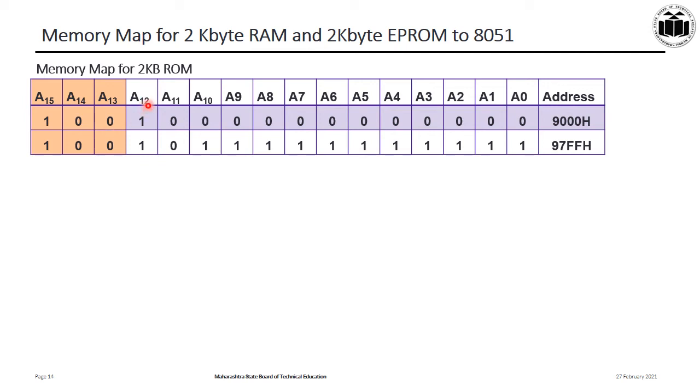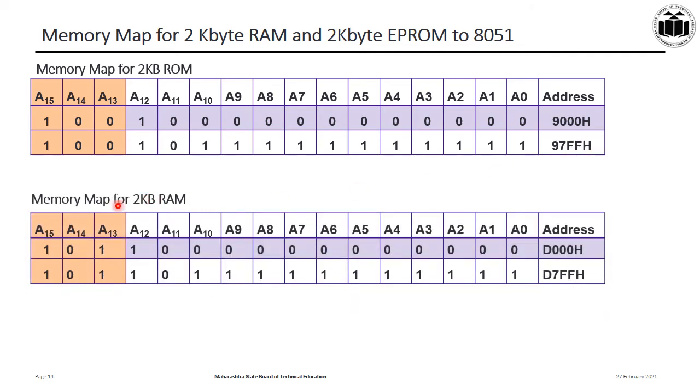A12 is connected to G1, which is activated, and A11 is connected to G2A bar and G2B bar, which is deactivated. We are using A0 to A10 as the address lines. So for the starting address, every bit will be 0, while the ending address will have all the bits as 1. Converting this to hex values, we have the starting address for ROM as 9000H and the ending address as 97FFH.